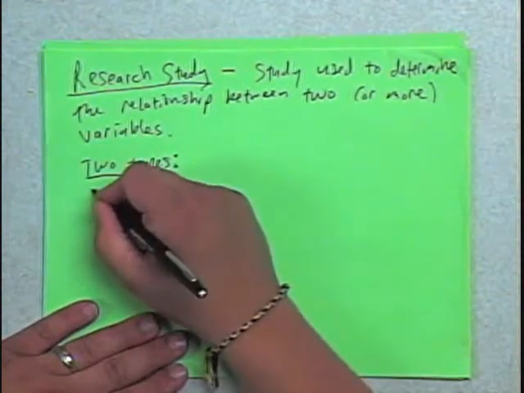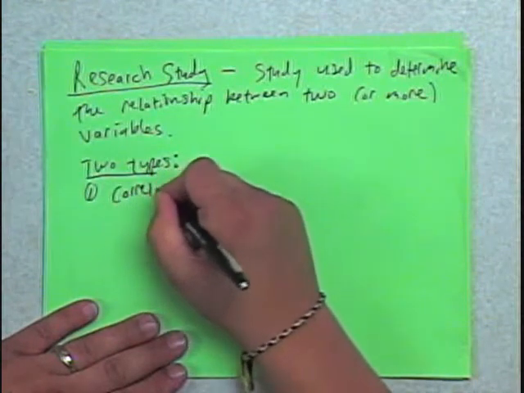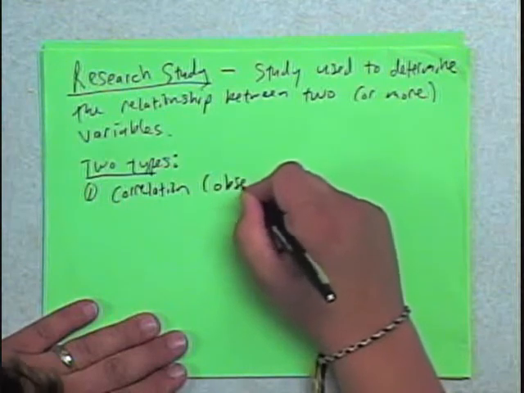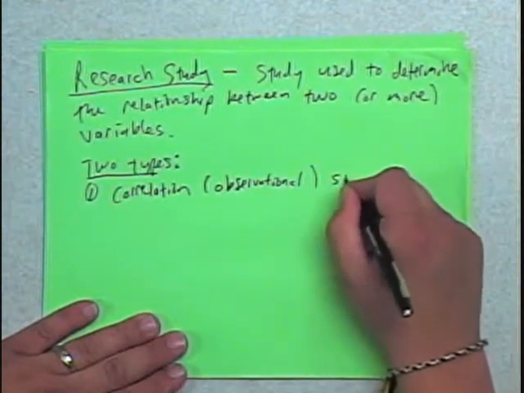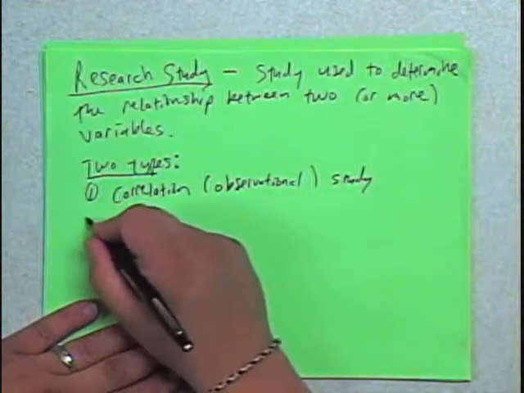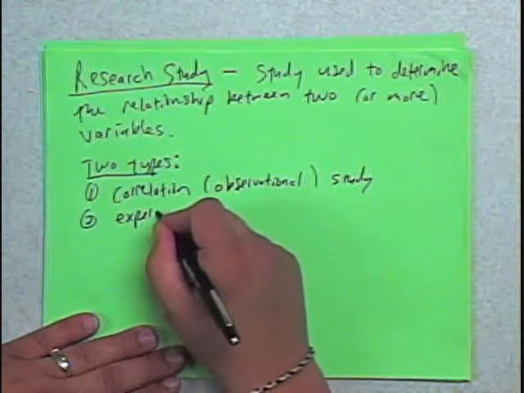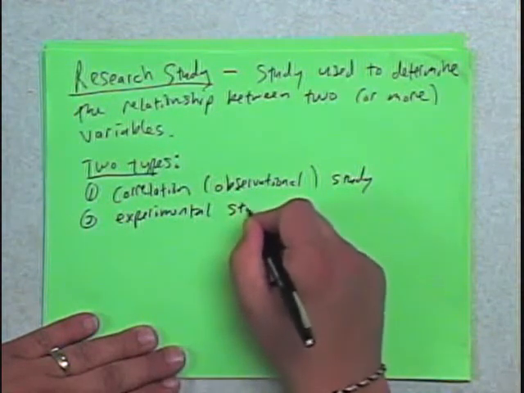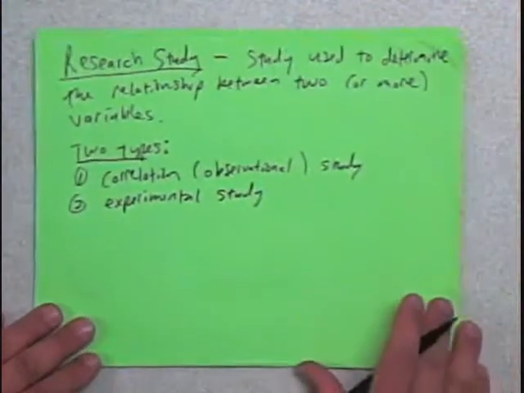There's correlation, and your book calls this an observational study. And there's experimental studies. So we're going to look at each one of these.